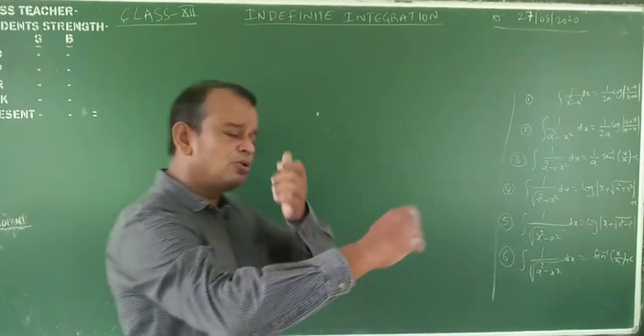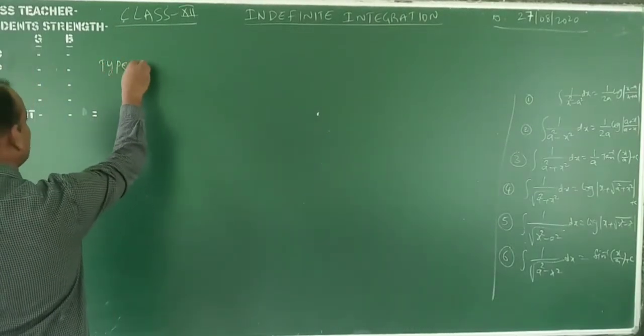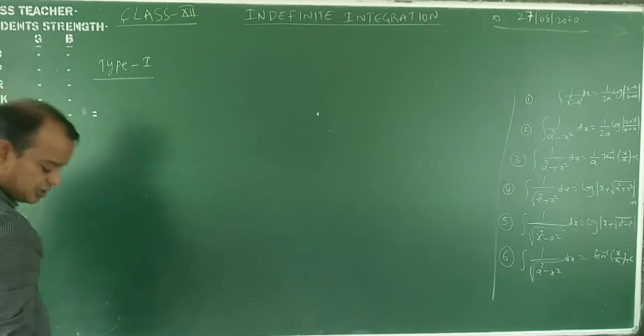Now, how to do type 1? How to do the integral of type 1?